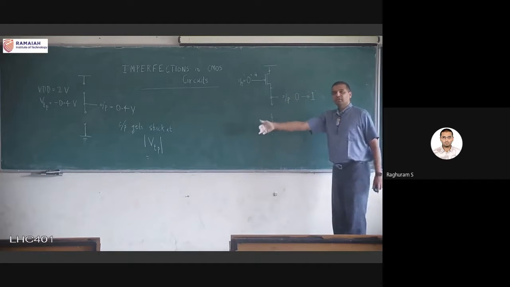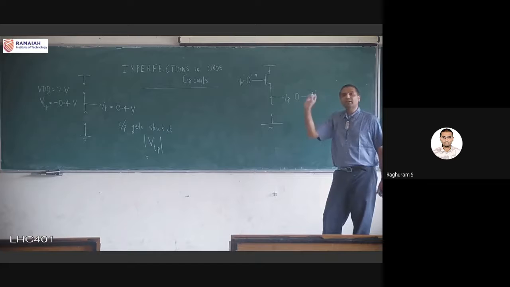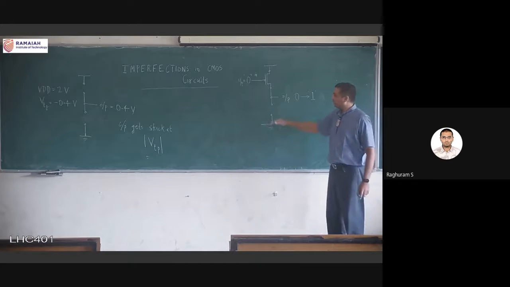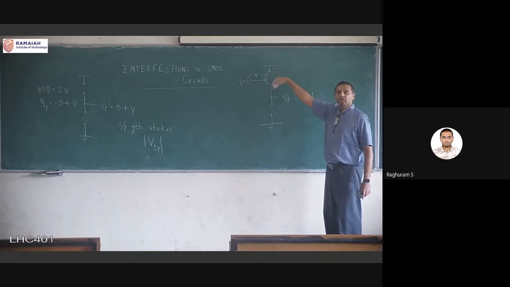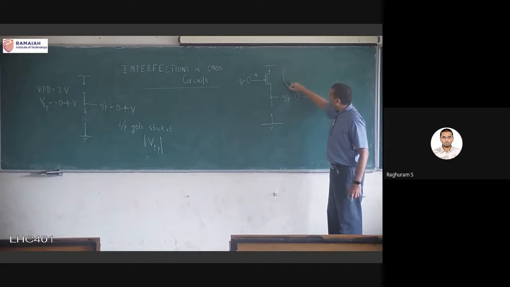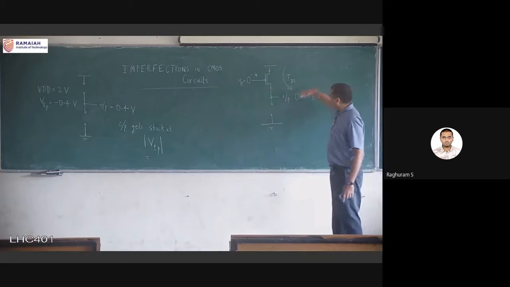The output is at 0. It has to be charged to a positive value, say plus 2 volts, which means that some charges have to be supplied to the output node. It cannot come from the bottom because that is an open circuit. So those charges have to be supplied from the top, which means that the direction of positive current has to be from power supply to the output node.